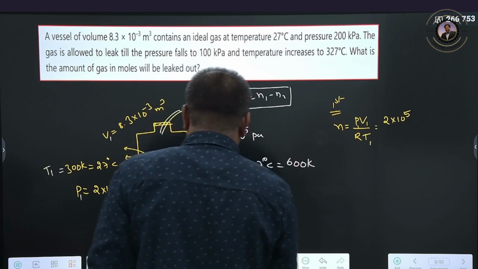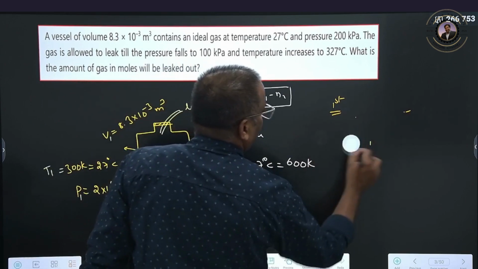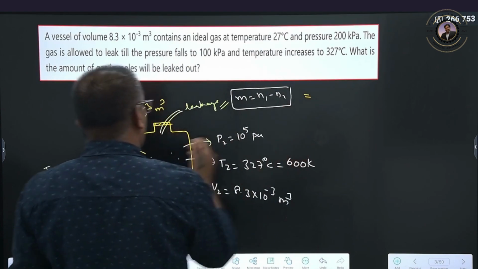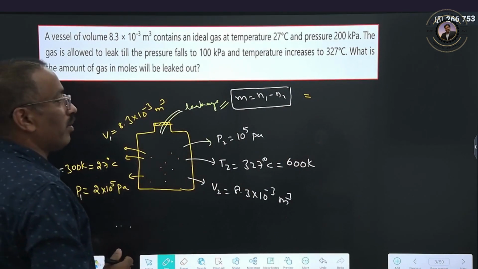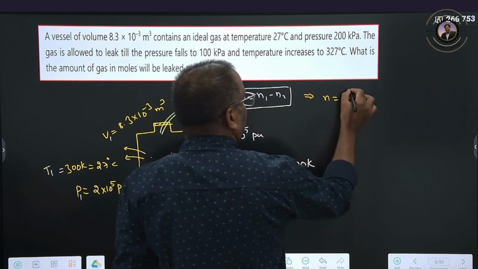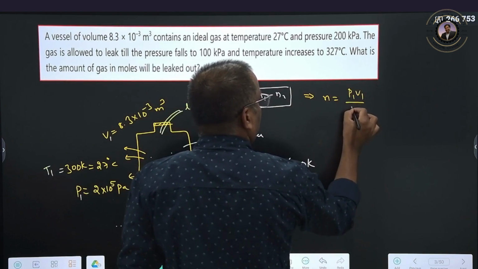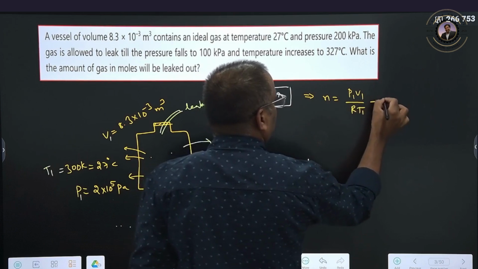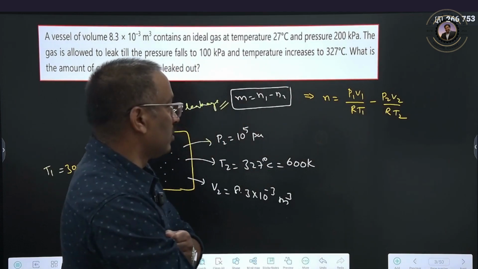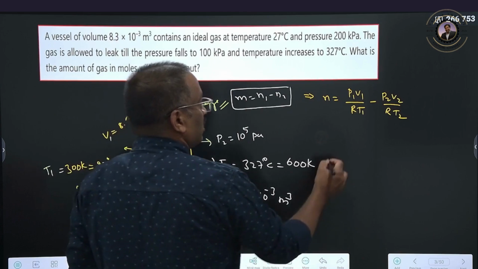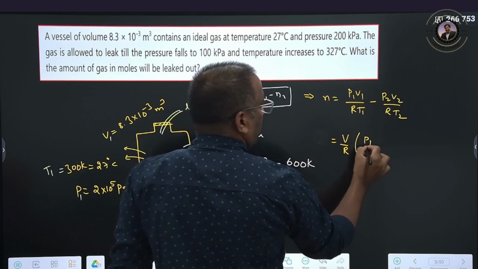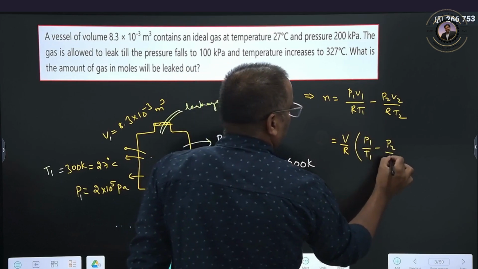So the number of moles of gas leaked is P1 V1 by R T1 minus P2 V2 by R T2. The volume and R are the same, so V by R is taken out, leaving P1 by T1 minus P2 by T2.